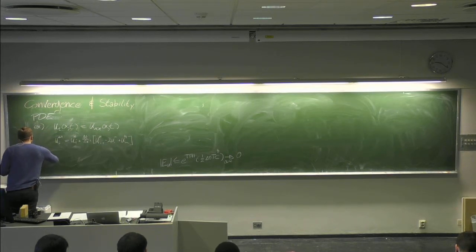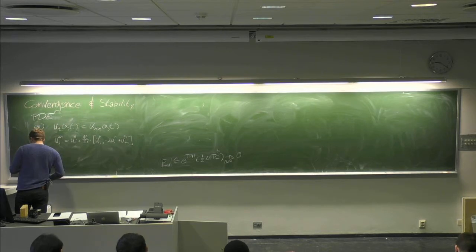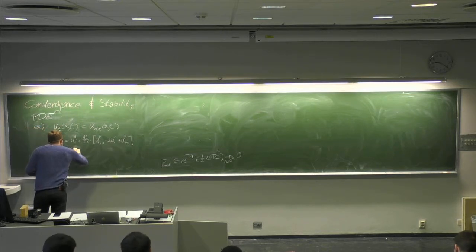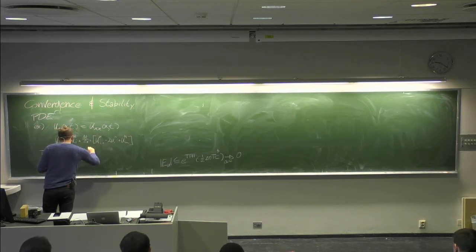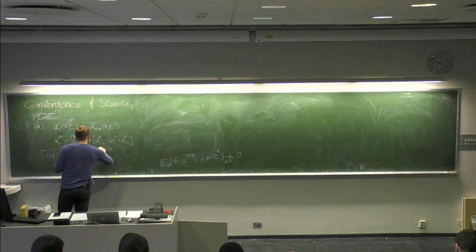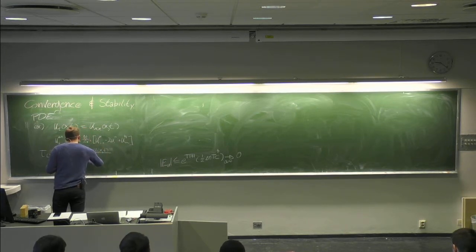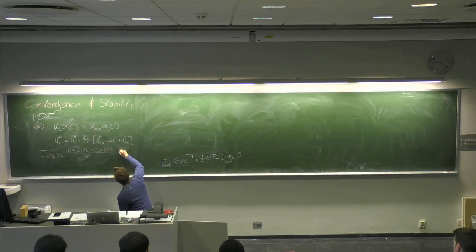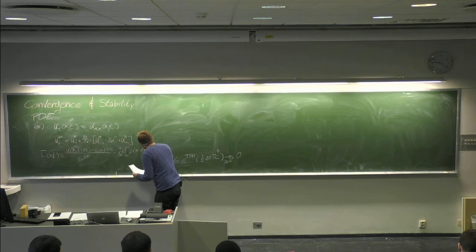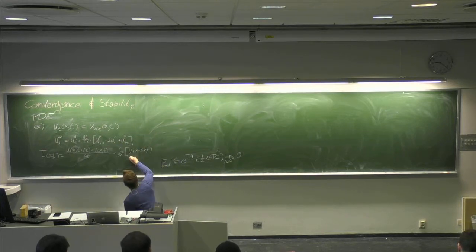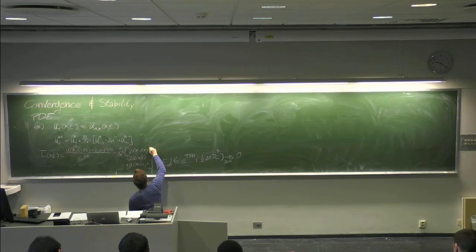Then we see that the truncation error for this is (u(x, t plus delta t) minus u(x,t)) over this step length delta t, minus 1 over delta x squared times (u(x minus delta x, t) minus 2u(x,t) plus u(x plus delta x, t)), like so. Here you see I'm using the exact solution as well.